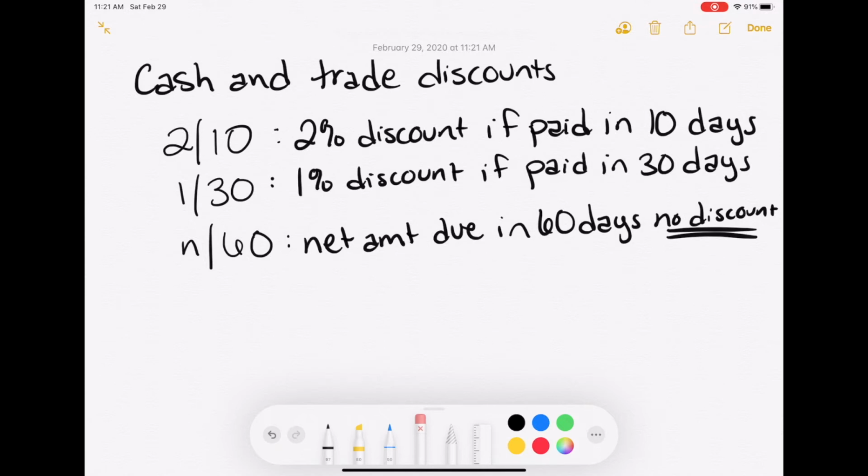So let's look at example 1. It says the credit terms are 2/10, 1/30, net 60 on an invoice that is dated June 10th. Find the last day for finding each cash discount and the date on which the invoice was due. The way that they figure this out may be very logical to most people, and that is to take June 10th plus 10 days to get June 20th for that first term.